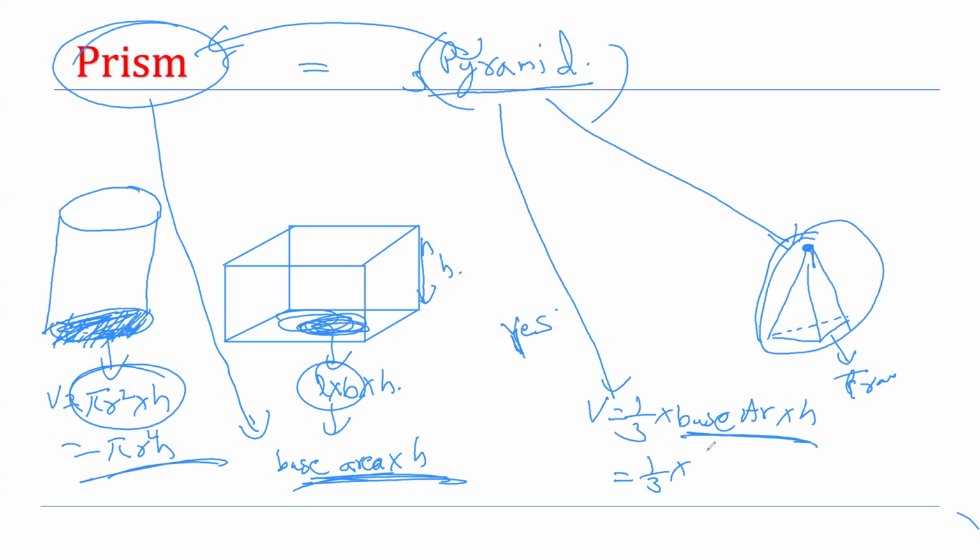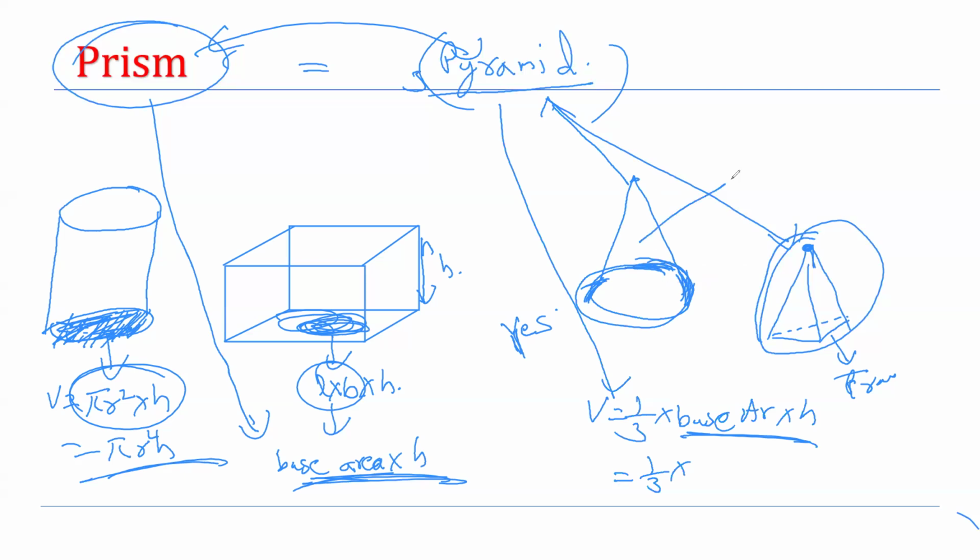So what can you tell about this? If I say cone, what can you tell about cone? What kind of figure is a cone, sir? Is it a pyramid? Yes, cone is a pyramid. So circular pyramid, right? Do you agree with me?